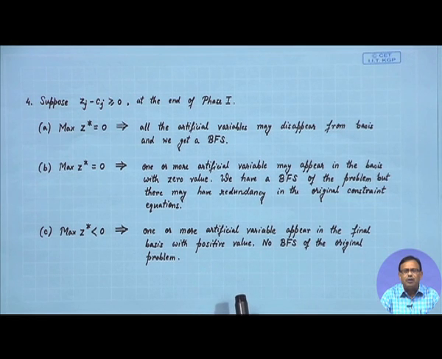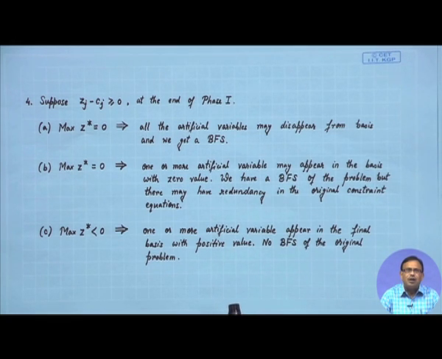So, from phase 1 itself we can conclude that there is no solution of the original problem. I do not have to go through the iterative steps in phase 2 to get the optimal solution. So, basically we are reducing the number of iterative steps before concluding that the original problem has no solution.